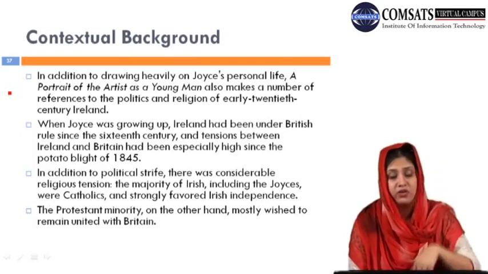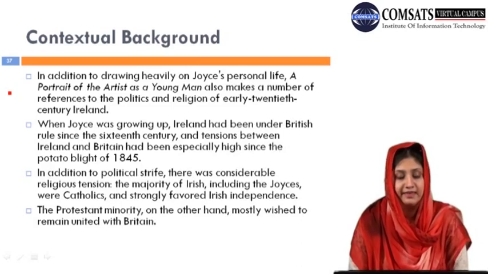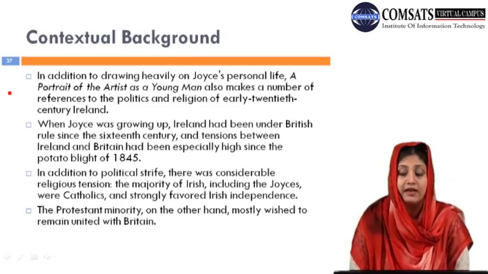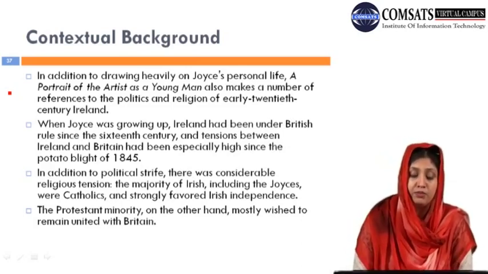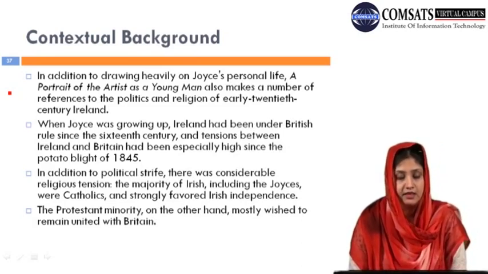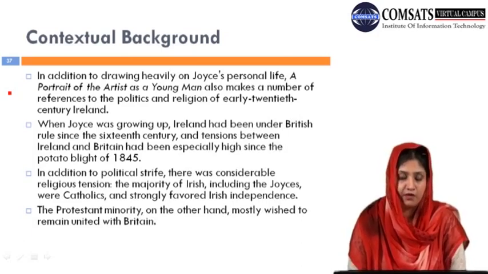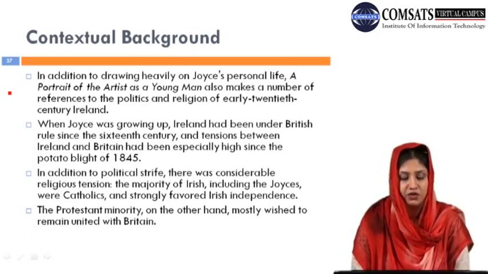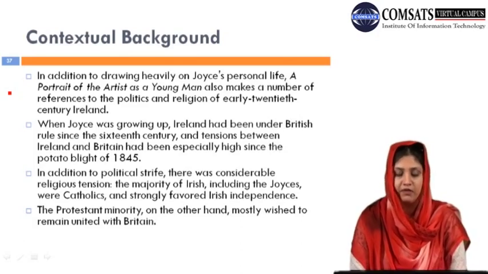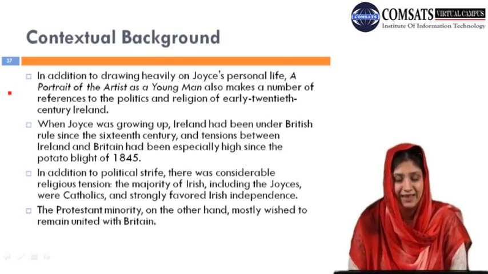When Joyce was growing up, Ireland had been under British rule since the 16th century, and tensions between Ireland and Britain had been especially high since the potato blight of 1845. In addition to political strife, there was considerable religious tension.